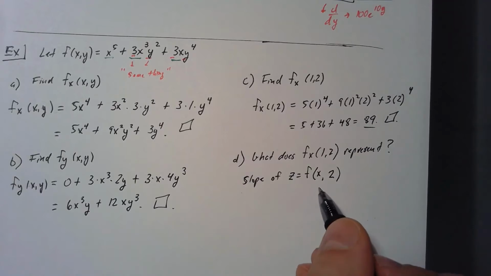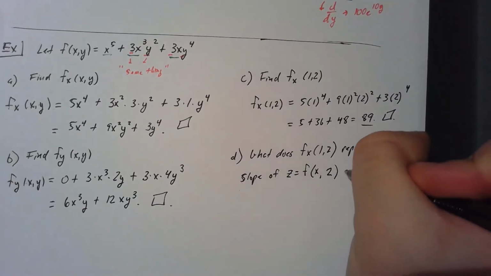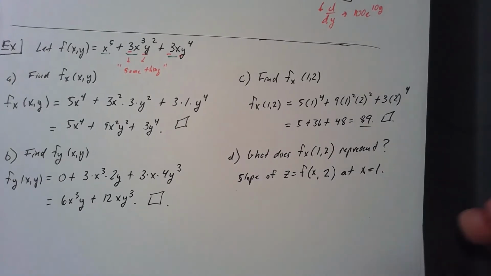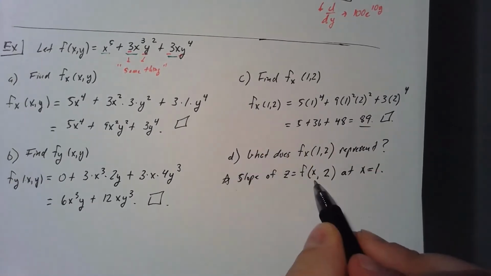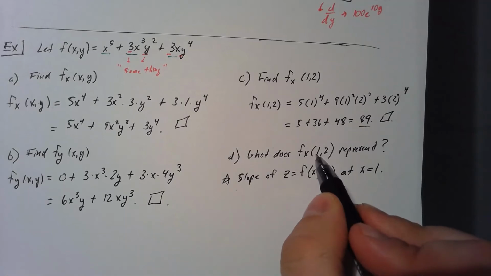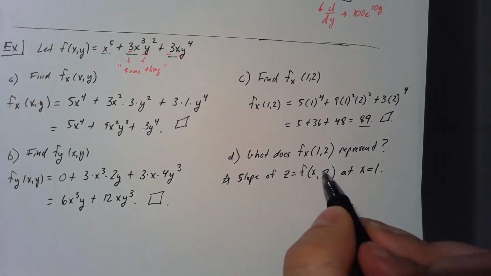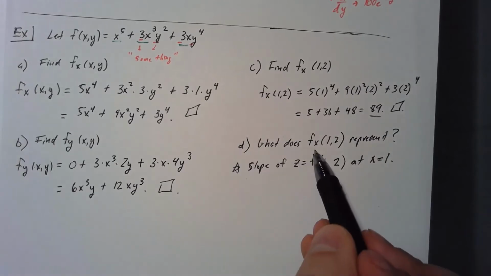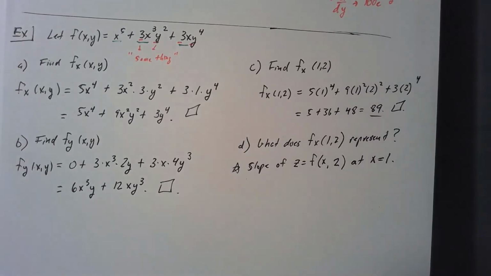So this is the slope of this function at the particular point x equals 1. That's what this represents. So x is changing, but we are at 1. We're finding the slope at 1, but y is always going to be 2, because this is the partial derivative with respect to x.